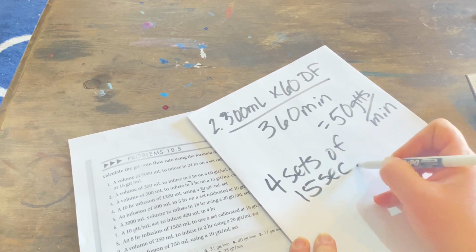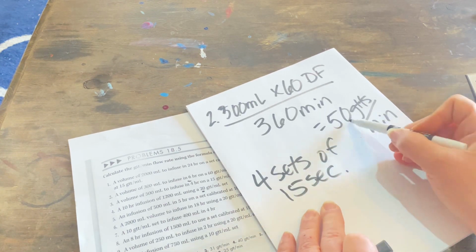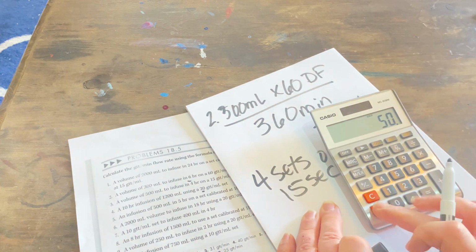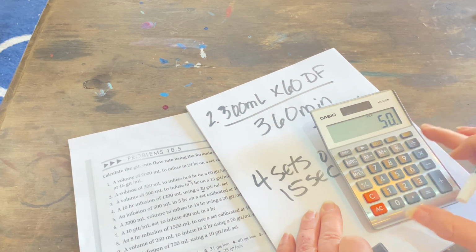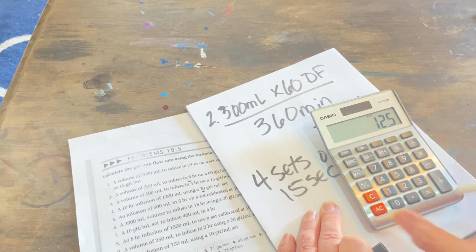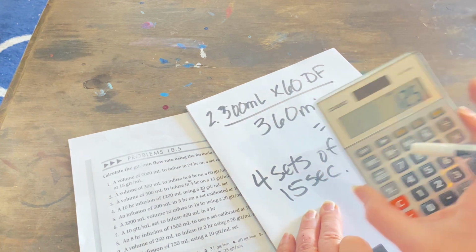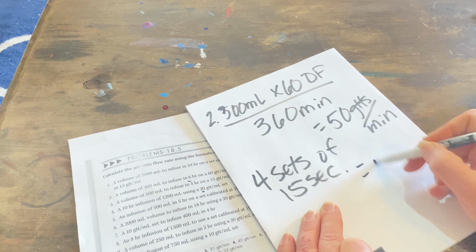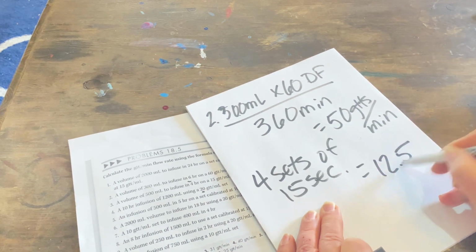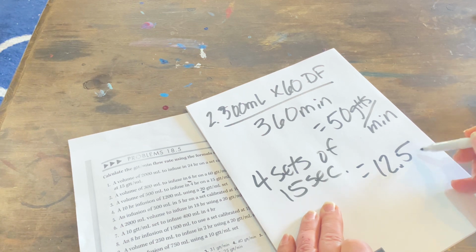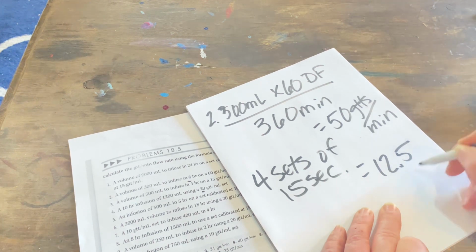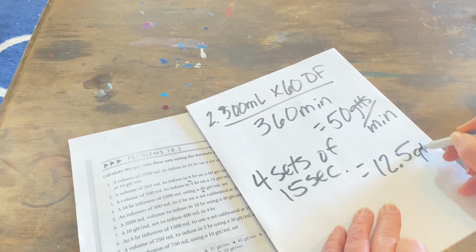So if I divide 4 into 50, let's do it. 50 divided by 4 equals 12.5. And that 5 would up that to 13 drops.